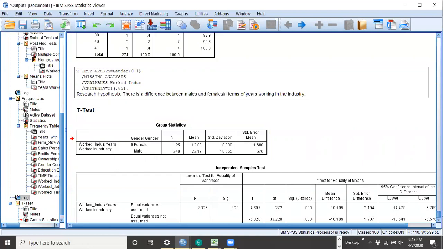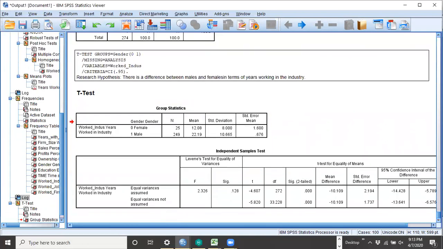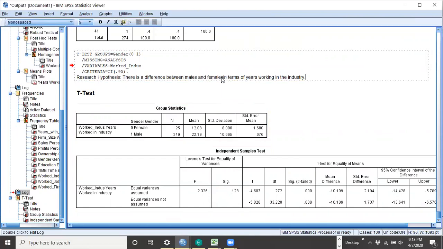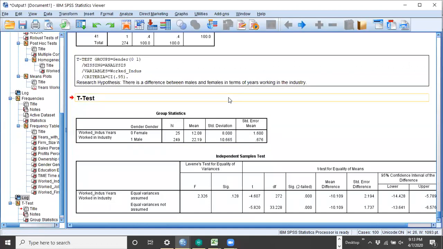The first step that we have to do before we do anything, before we really move on to the test, is look at the mean. First, females. Let me fix this because it bothers me. First of all, we hypothesize that there's a difference. If we hypothesize that males work more, we would make sure that our mean is in the direction hypothesized. So again, if we hypothesize that males spend more time, we would see that this is in line with our hypothesis.